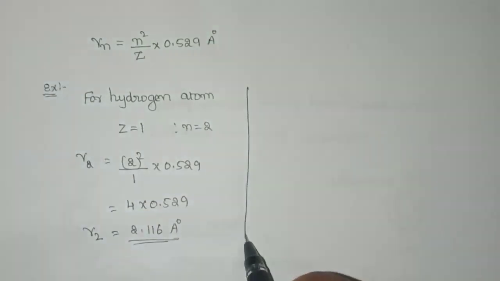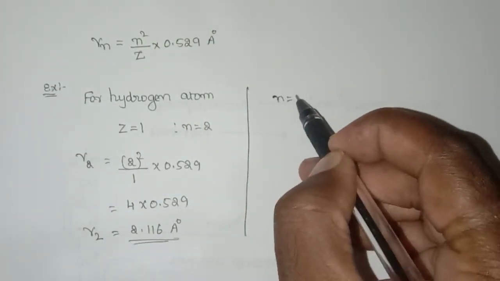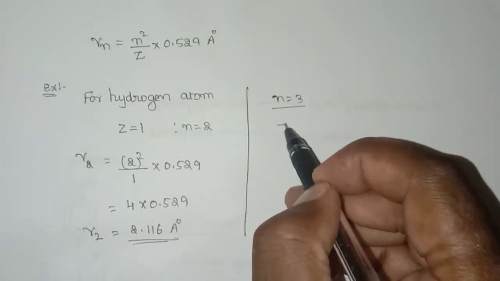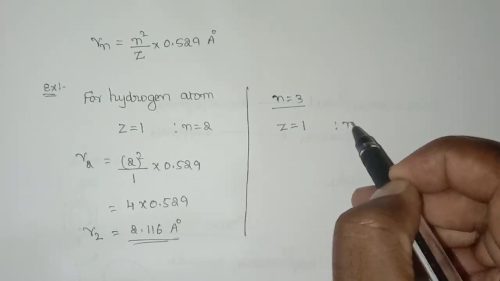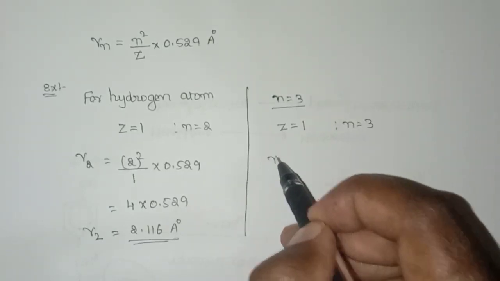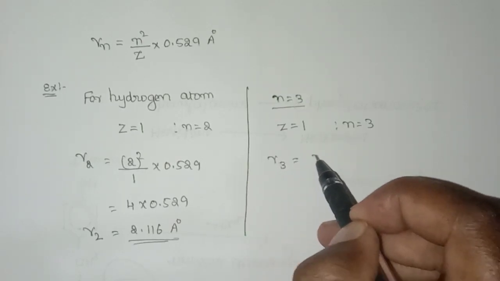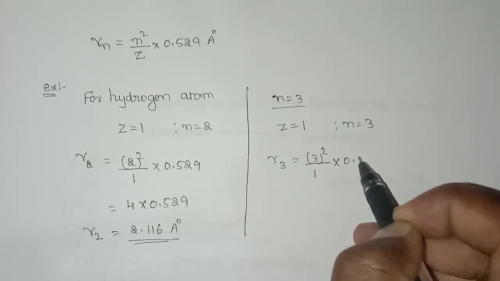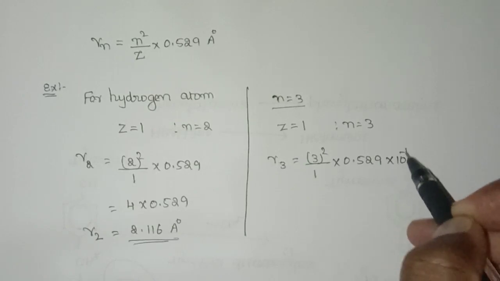In the same way, we can calculate for n equal to 3, that is the third Bohr orbit, also. For the hydrogen atom itself, Z is equal to 1 and n is equal to 3. The same expression, R3: the value of n is 3, so 3 whole square, the value of Z is 1, into 0.529 angstrom unit, that is 10 to the power of minus 10.